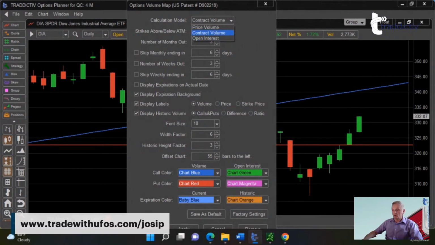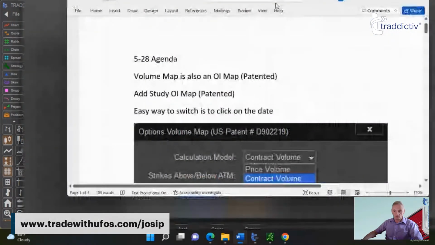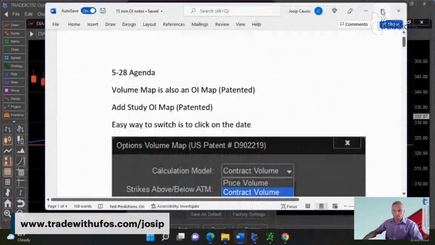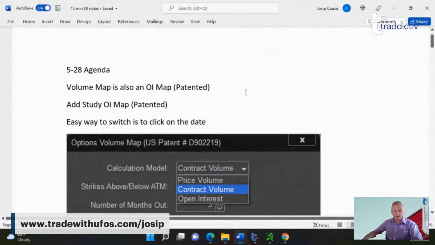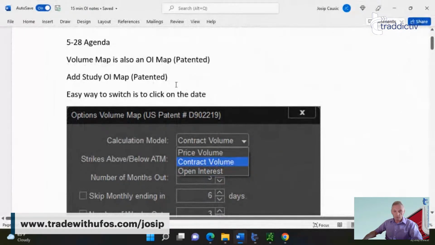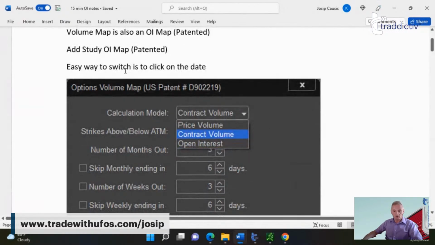I want to explain this visually, and then we're going to do it together. This volume map is also an open interest map, and it's patented. To add a study, you simply click on it and then insert the open interest map.